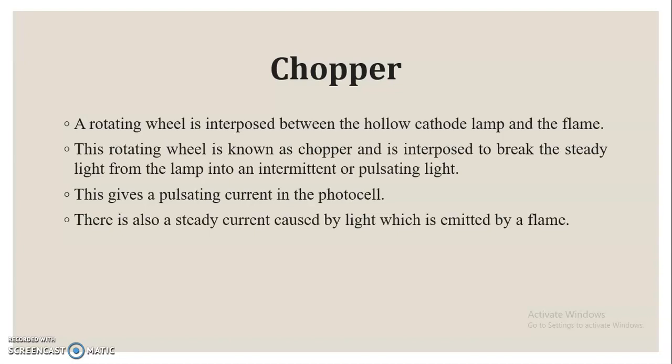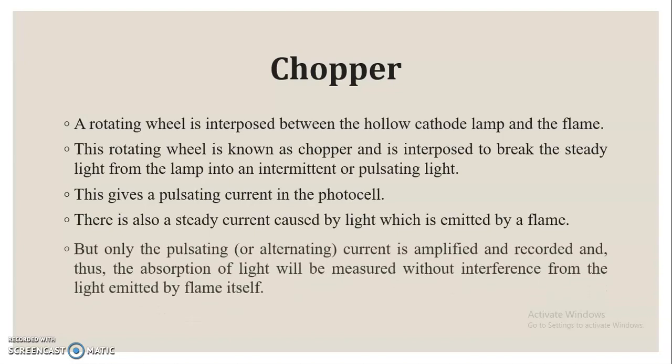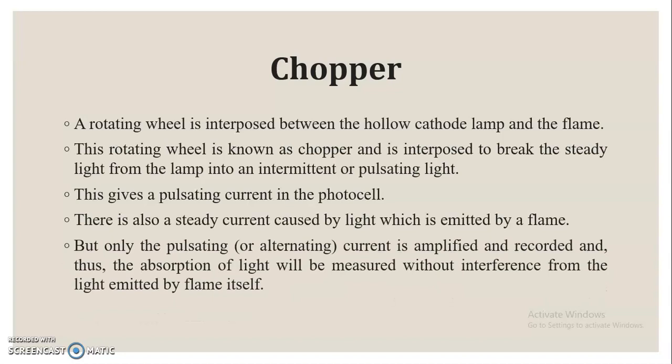This will also give a steady current which is caused by the light emitted by the flame. But only the pulsating or alternating current is amplified and recorded, and thus the absorption of light will be measured without interference from the light that is emitted by the flame itself. So this is the role of the chopper.